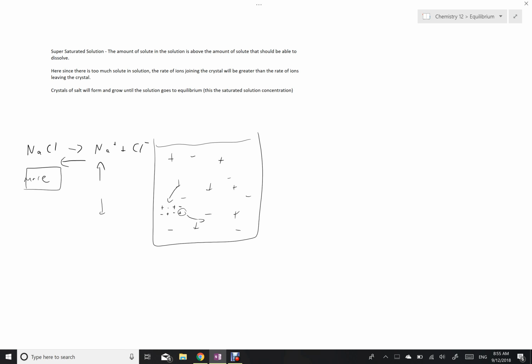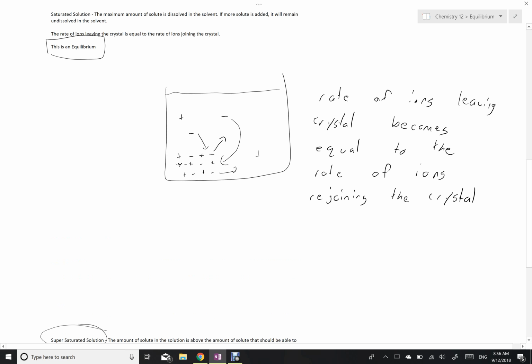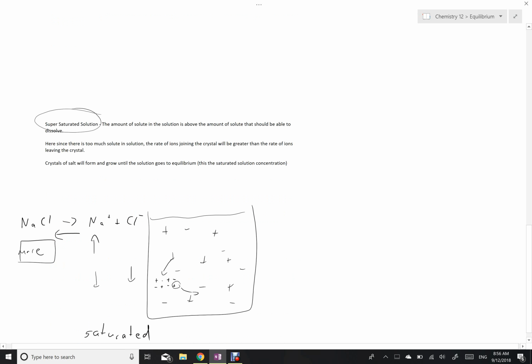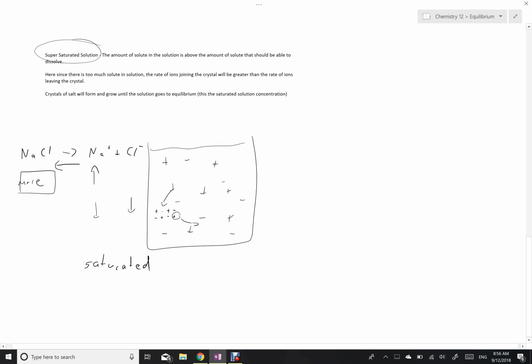So, as these NaCl go and attach to the crystal at a faster rate than they're leaving, the crystal grows, but more importantly, the population of these two things gets depleted, and it goes from being the supersaturated situation to coming down to just the saturated situation. And then we'll recall that at the saturated situation, the rate of ions leaving the crystal and joining the crystal becomes equal, and as a result, the size of the crystal becomes constant. It stops growing and it stops shrinking.